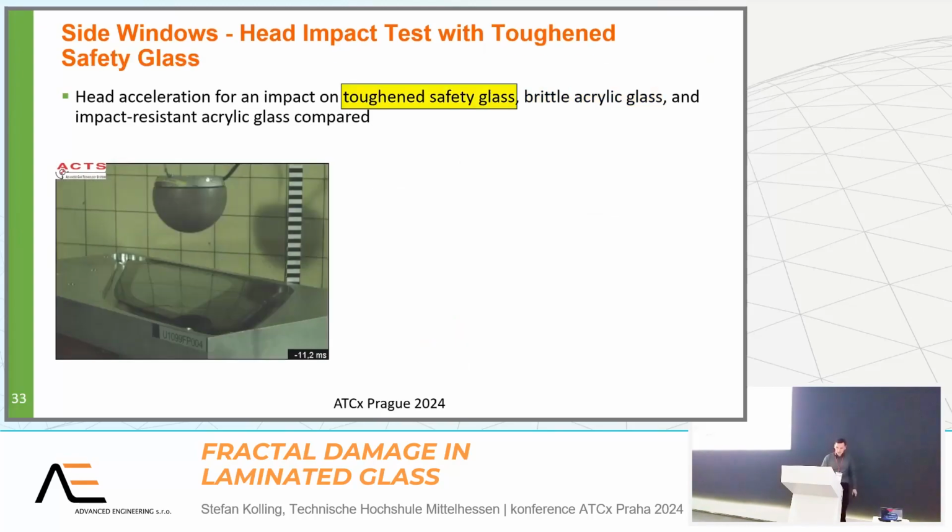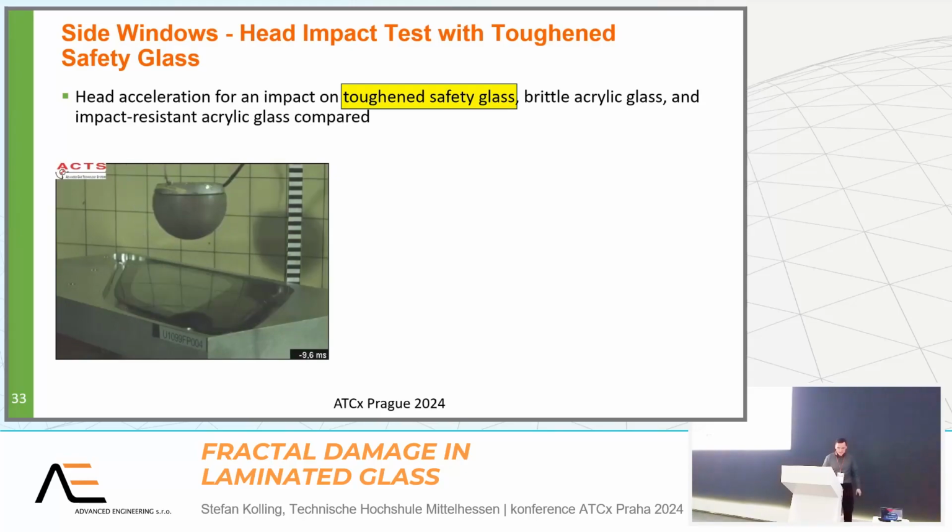Another one, toughened safety glass. This is the usual glass in our cars at side windows. It looks like that. This is the head of a guy on a bicycle.